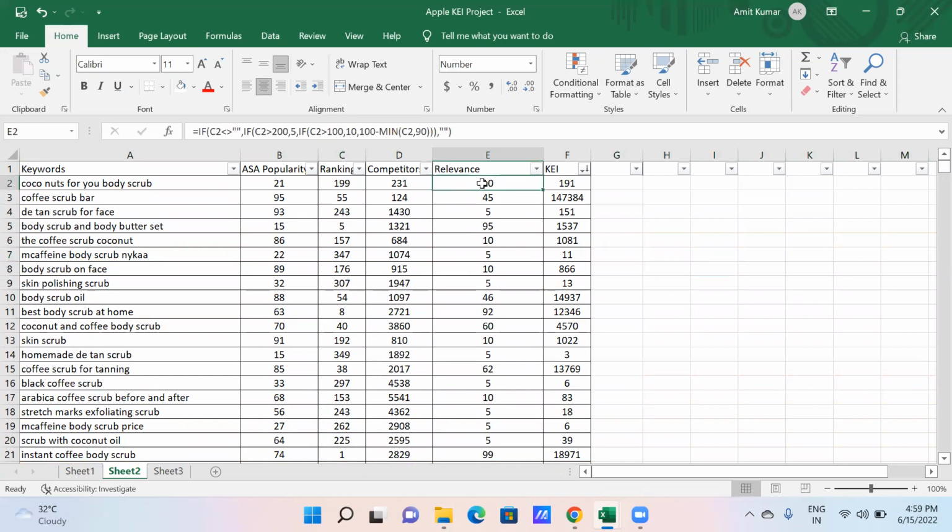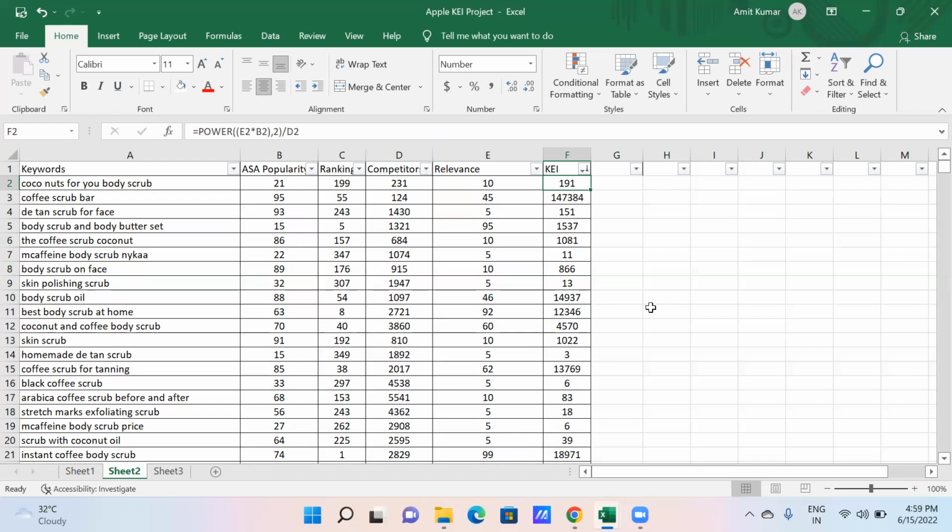I've applied the formula here. It's very simple: you just apply the formula, drag it, and you will get the answer. Based on this relevance, apply the formula for KEI also in a similar fashion. So you will get these two data very easily. This was the basic assignment.